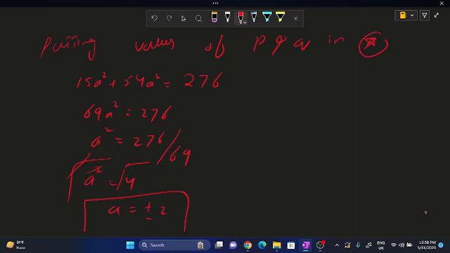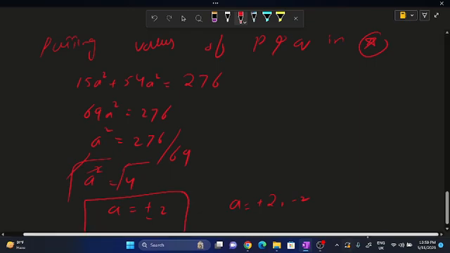You have to just find the possible values of a. The value could be negative, maybe positive. No restriction is given to you. So you have to consider two values for a, one positive and the other negative, using the square root property. That's all about question number 2.